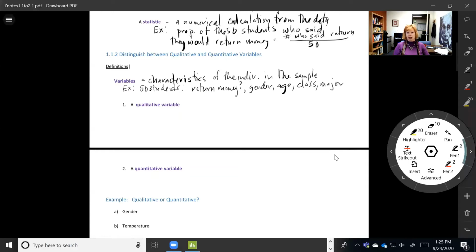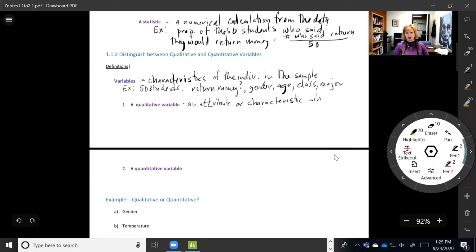And there's two main types of variables. One is a qualitative variable, and a qualitative variable is an attribute or a characteristic, which just means it's a variable.